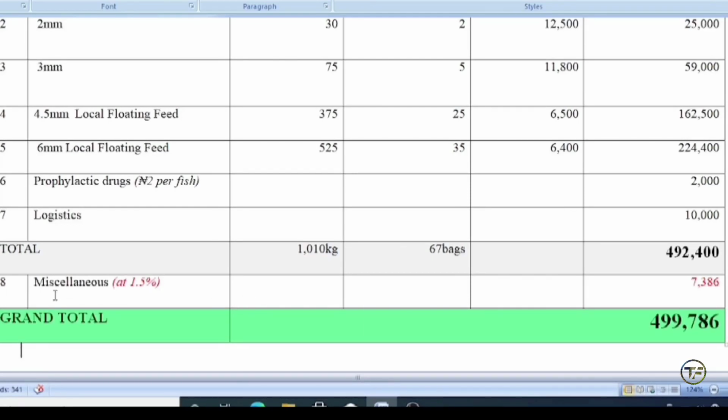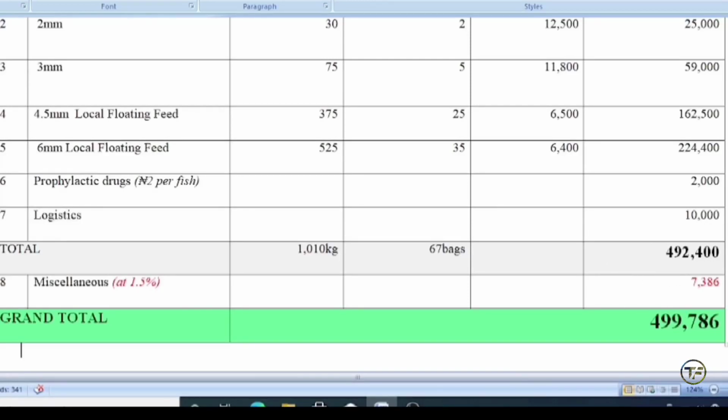Still talking on miscellaneous, most times the miscellaneous goes to logistics and drugs. In a situation whereby the medication you get is not enough, or you're in a very critical situation of treating a very chronic infection or disease, then you're going to spend more. That is where your miscellaneous comes in.